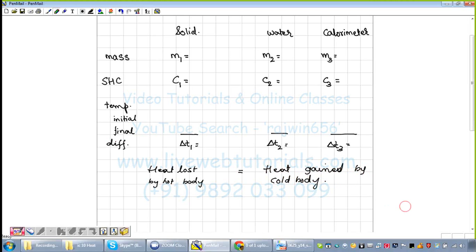Of course, here we are ignoring the heat that is lost to the surrounding. That's why we are keeping that insulation box, so that less of the heat is lost to the surroundings. Now, which is the hot body over here? The solid. The cold body over here is water and calorimeter.